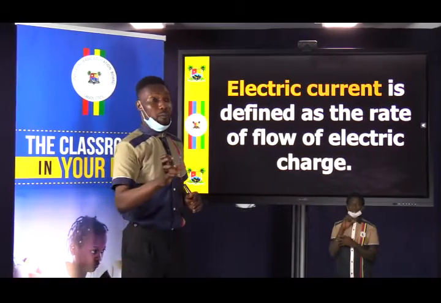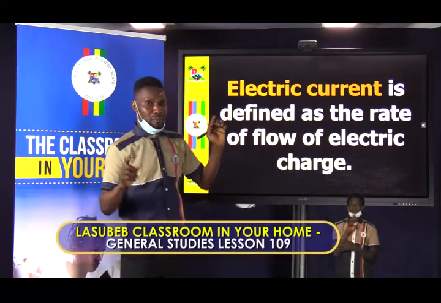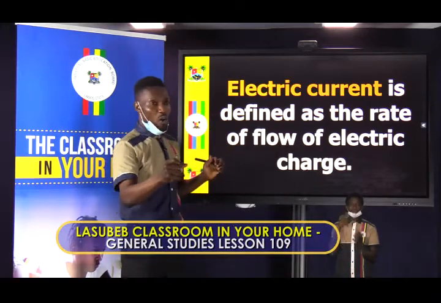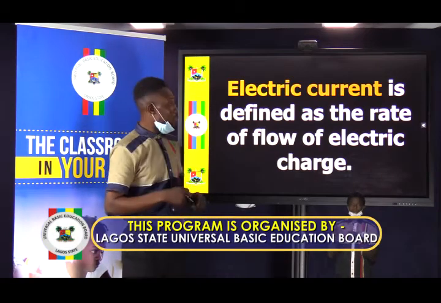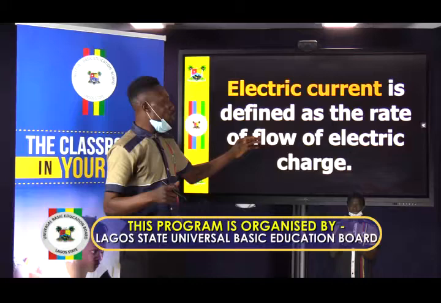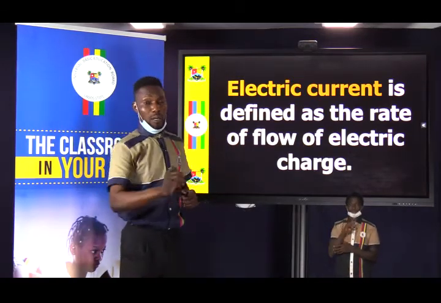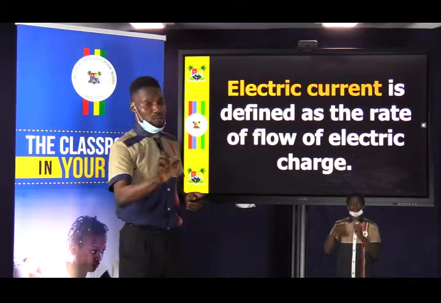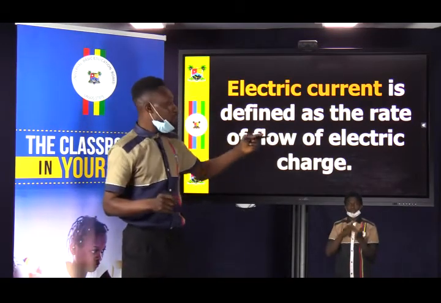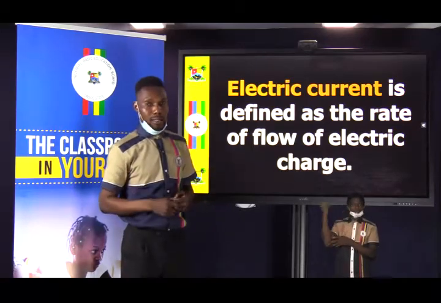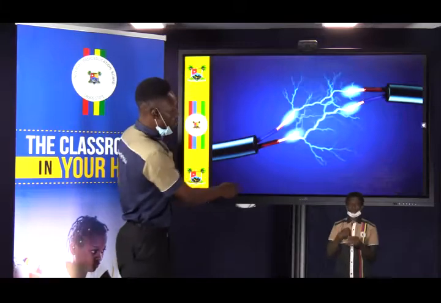When you say you have copper wire or a socket, and maybe you've heard it before that there is current in this thing, they are saying that there is a rate of electric charge in it. It could be through copper wire, it could be in your socket at home, that means there is flow of electric charge in it. So that is what we are referring to, electric current.